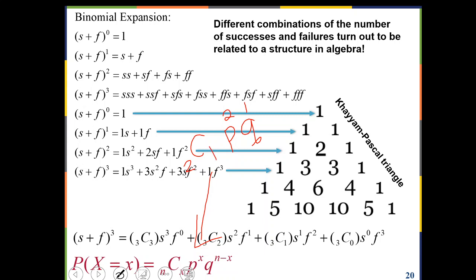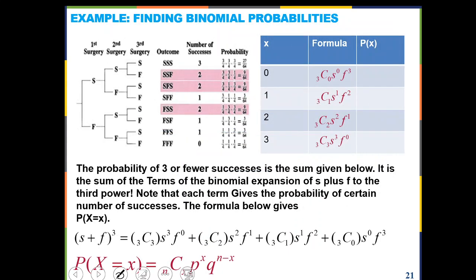So, and this actually can be calculated with the calculator, so we don't have to go through all that n factorial and all that. So I'm going to show you how to do it with the calculator in a second. So as you see here, to find the probability of x equals 0 successes, we can do this.